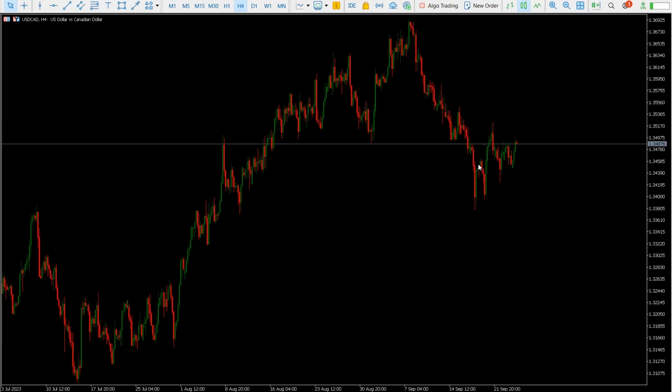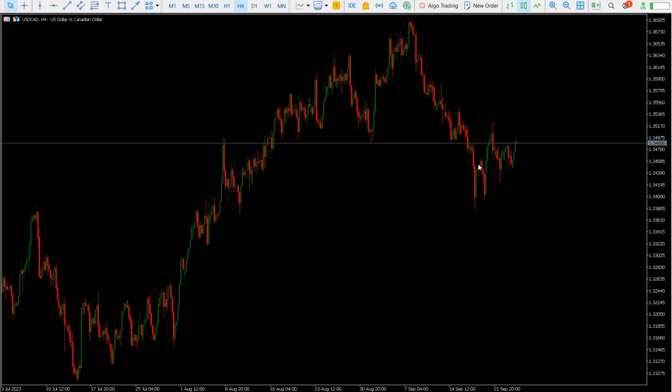So as I've mentioned as well, the Canadian dollar is likely to depend on the movement of the US dollar this week, the oil prices as well, the Chinese manufacturing PMI, and overall the risk sentiment of the market.